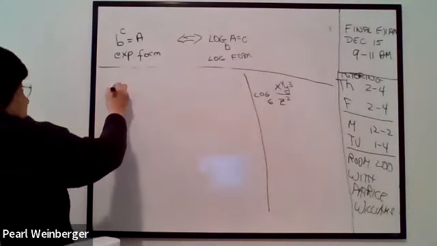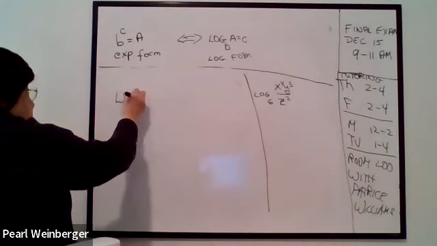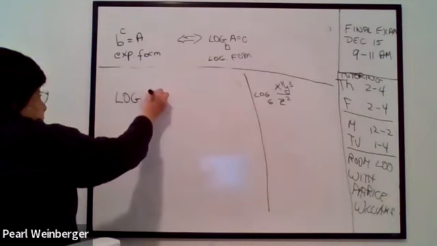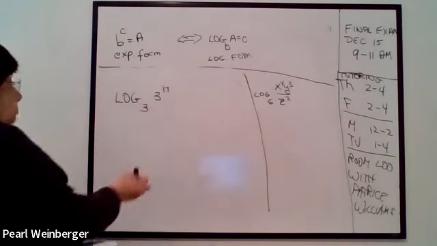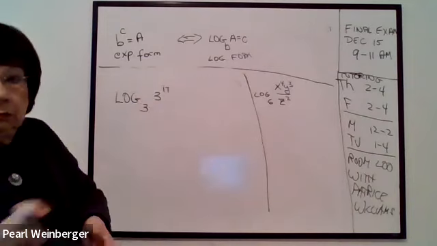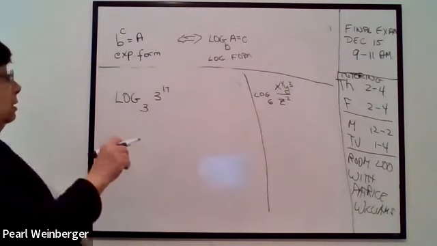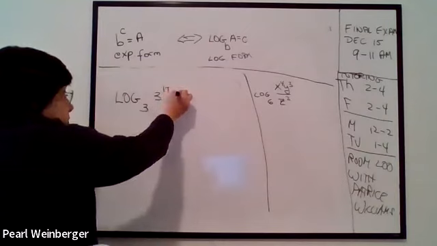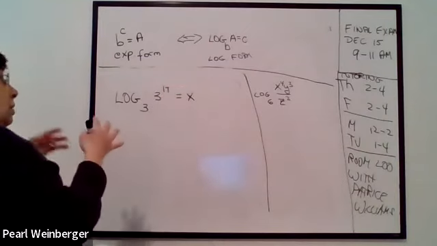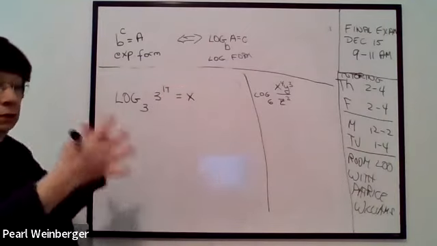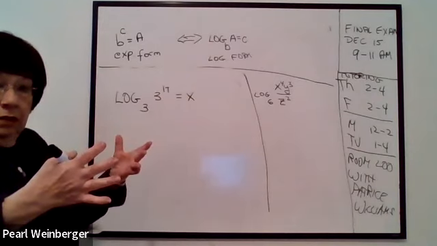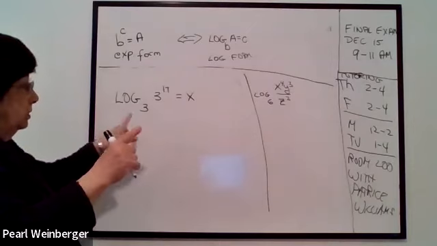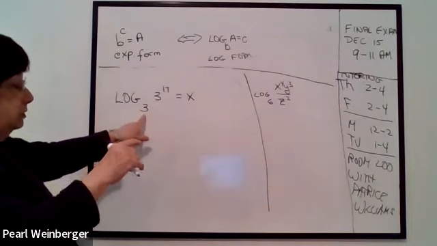First of all, let's say I ask you this question: what is the log base 3 of 3 to the 17th power? Well, that's not really so hard to do, because if we call this x, and write it in exponential form instead of logarithmic form, we'll see that the base is 3.